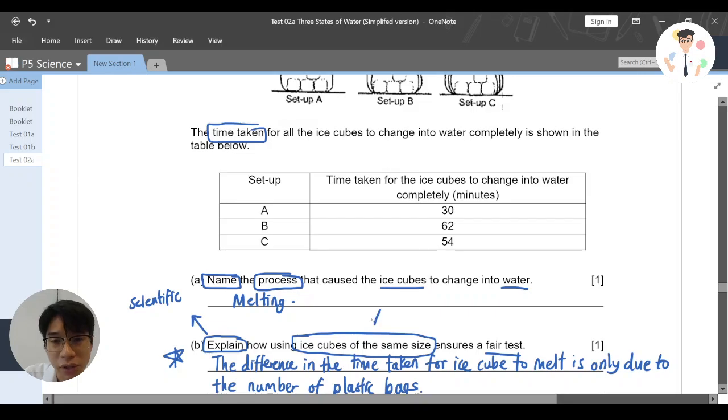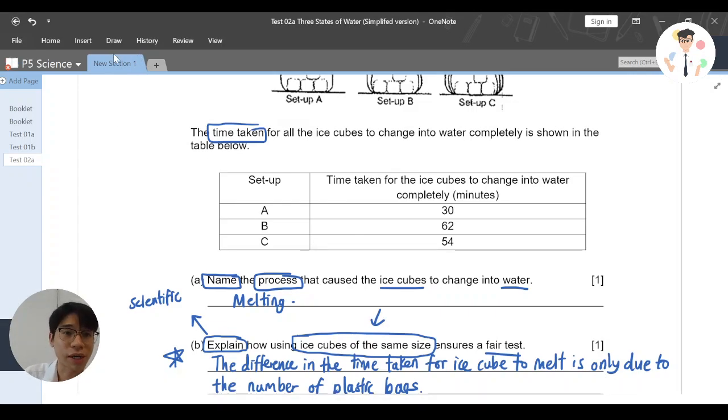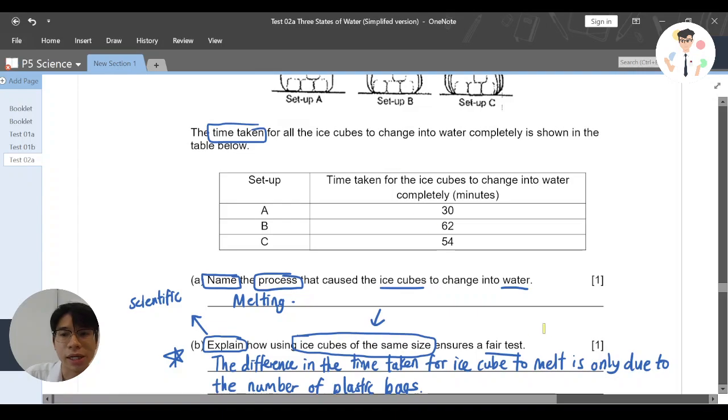Because I want to ensure that the result is only affected by the changed variable. That's why I say the difference in time is only due to the number of plastic bags wrapped around the ice cubes. Okay? So this phrase, only due to, is very important.